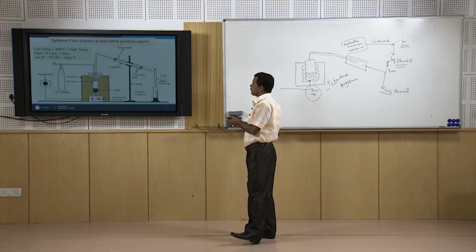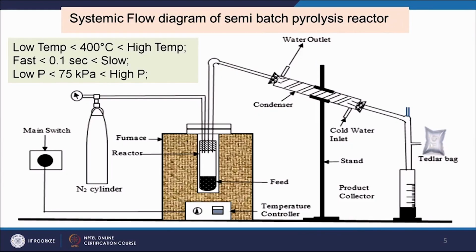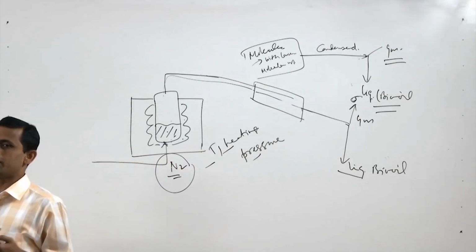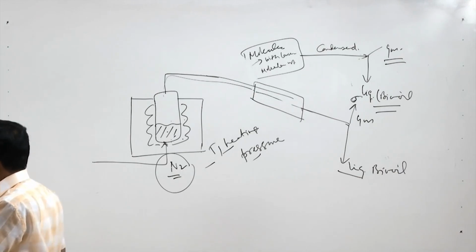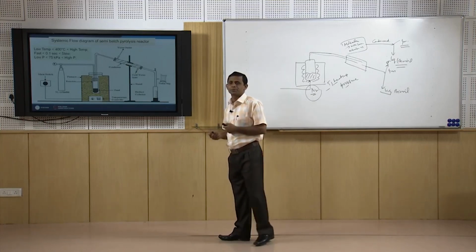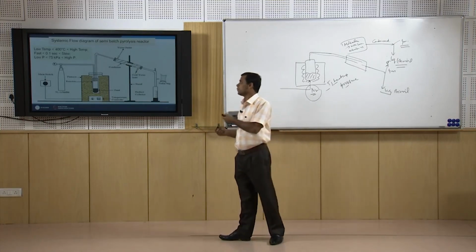In some cases we use high pressure, in some cases low pressure, but high pressure and low pressure do not mean a very high value of pressure. You see here, low pressure means pressure less than 75 kilopascal, and if it is greater than this, it is high pressure.